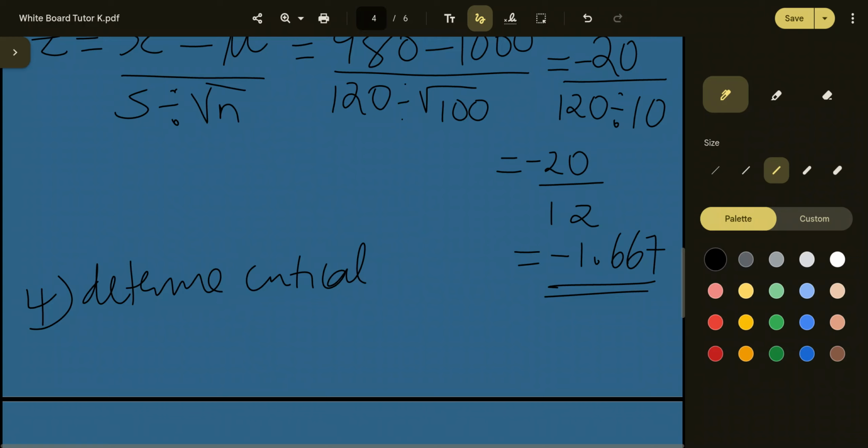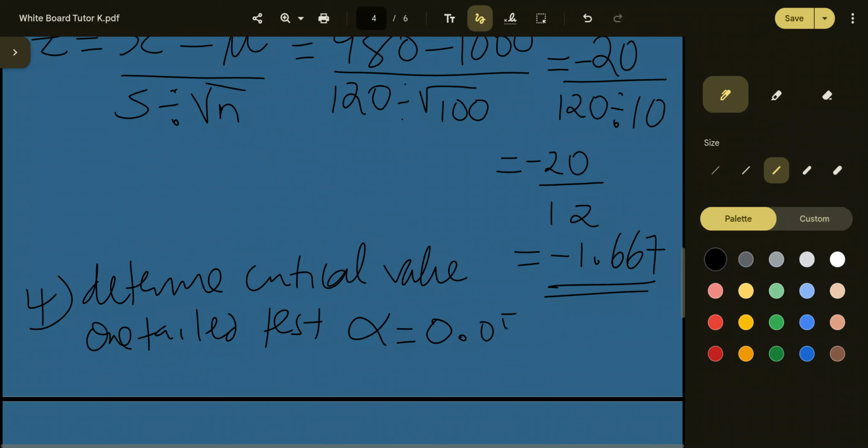Then step number 4, we are going to determine the critical value. Now if you look at this test, it is a one-tailed test, and the significance value you've been given is 0.05.